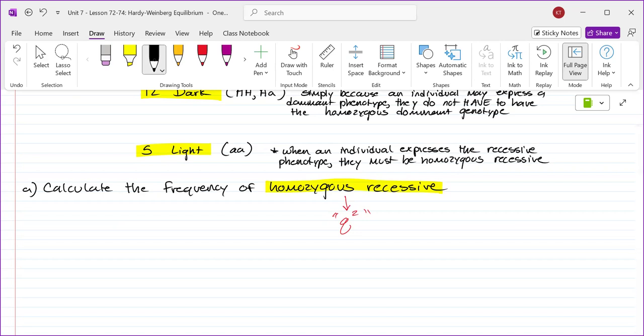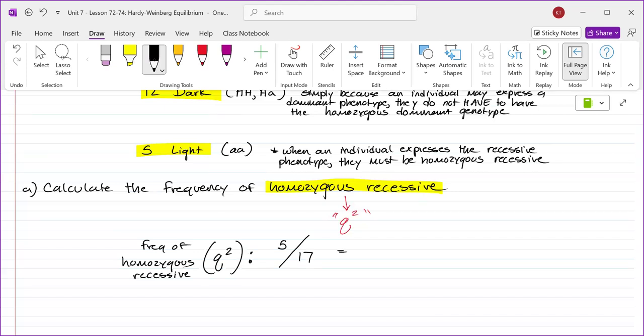In order to find the frequency of homozygous recessive, which is Q squared, you have to take the number of individuals that are homozygous recessive, in this case, 5. And you have to divide it by the total number of individuals, which was how many? 17. So what is 5 divided by 17? 0.294. That right there, everybody, is the frequency of homozygous recessive.